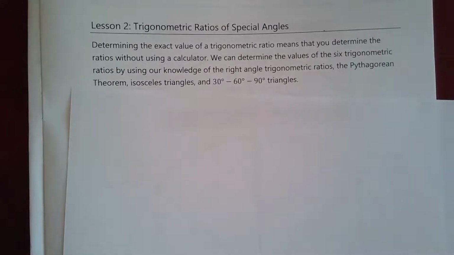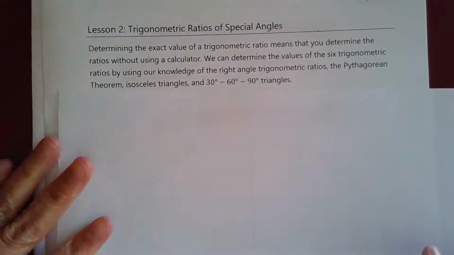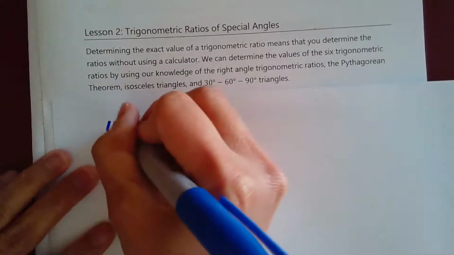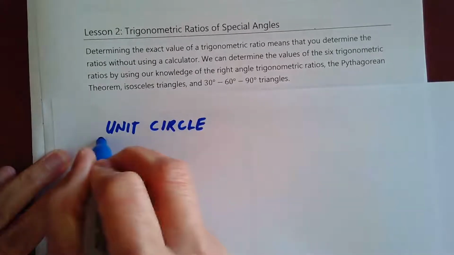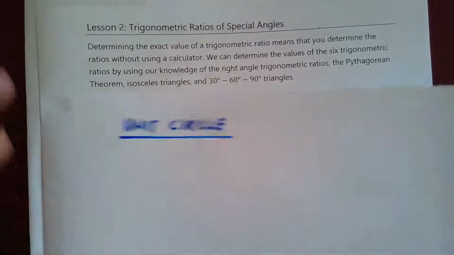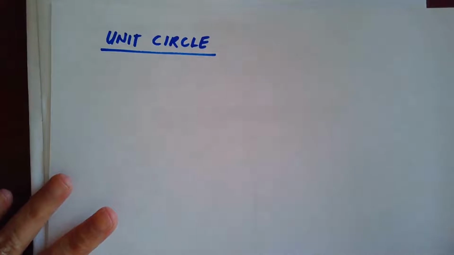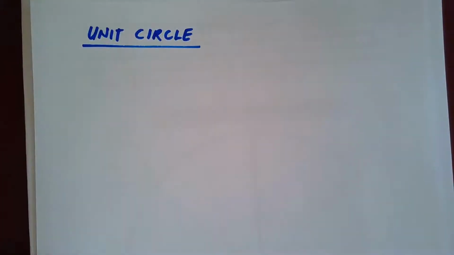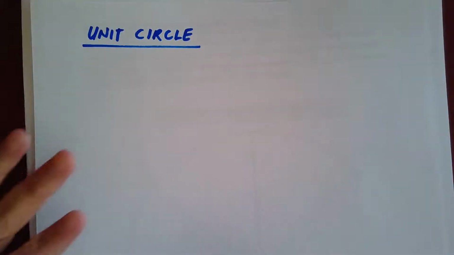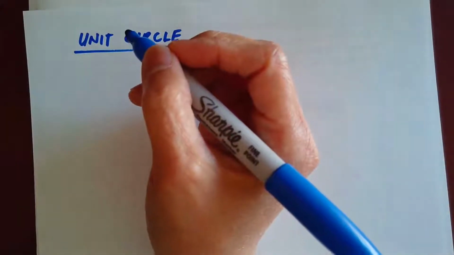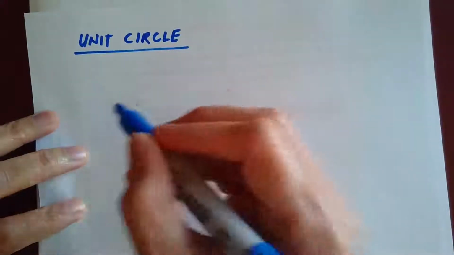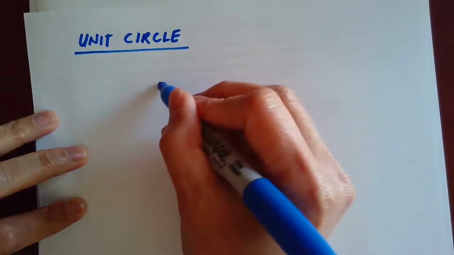Let me grab my marker. So in terms of a unit circle, before jumping on this, I just want to explain some stuff. Let's say we have an isosceles right triangle. What does an isosceles right triangle look like?